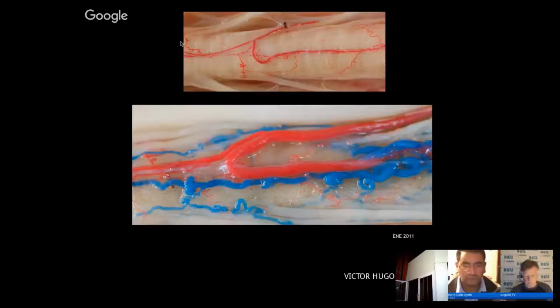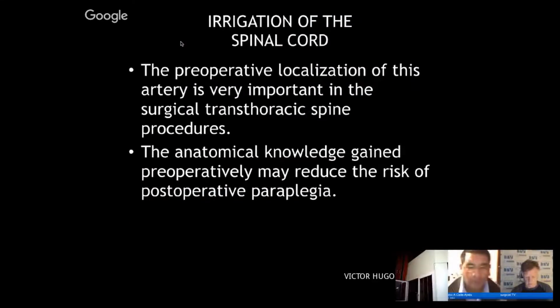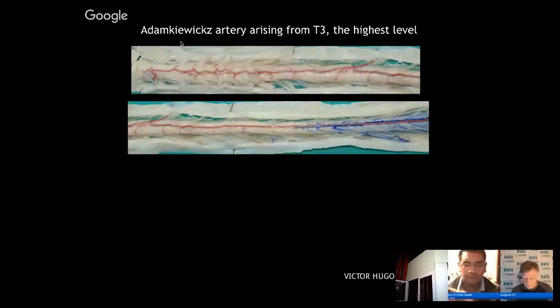Look at the difference in size between the thoracic artery and the Adamkiewicz artery. The preoperative localization of this artery is very important in surgical transthoracic spine procedures. The anatomical knowledge gained preoperatively may reduce the risk of postoperative paraplegia.